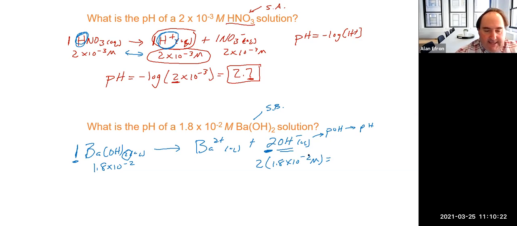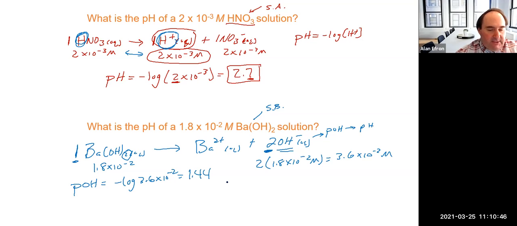And that gets you a 3.6 times 10 to the minus 2. That's going to allow us to go into our pOH, which would be minus the log of 3.6 times 10 to the minus 2.